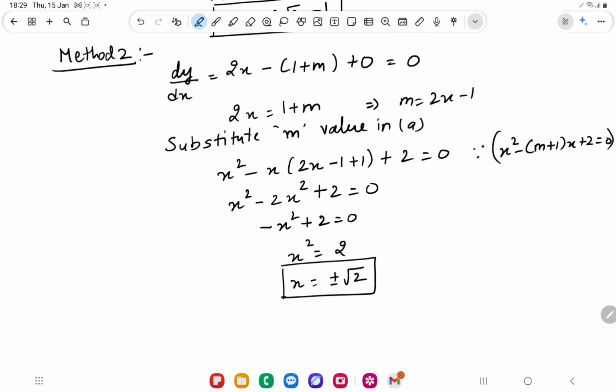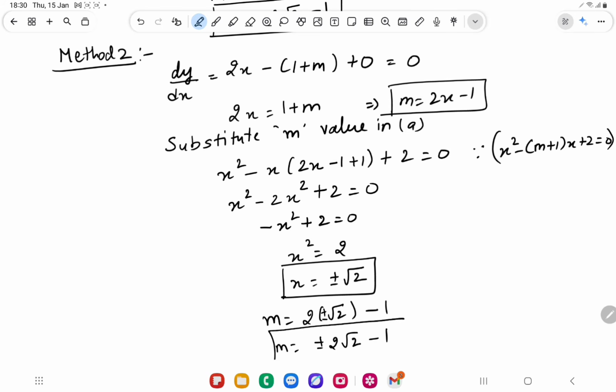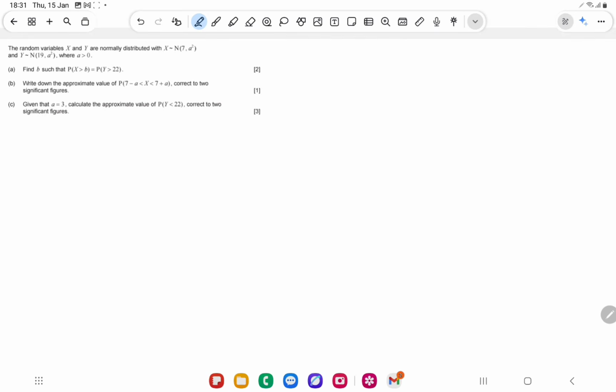Now my m value was 2x minus 1 and I have to find m only. So I will substitute this in m. I will get 2 root 2 minus 1. I have to write plus minus also, which gives me answer as plus minus 2 root 2 minus 1. So you can solve the question by any of the methods.